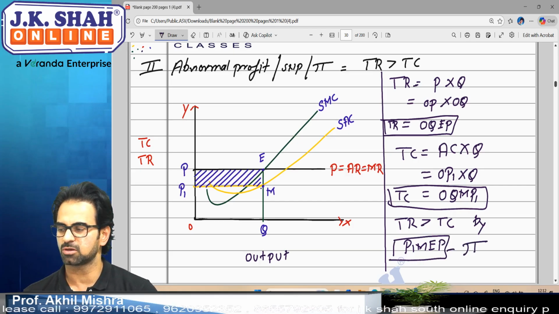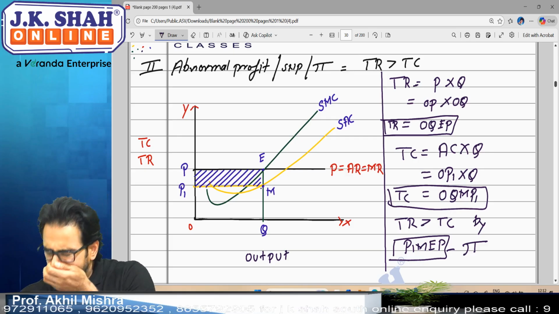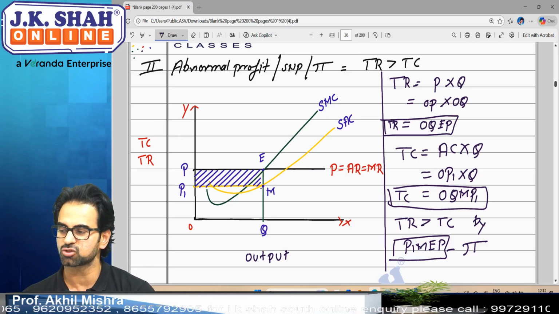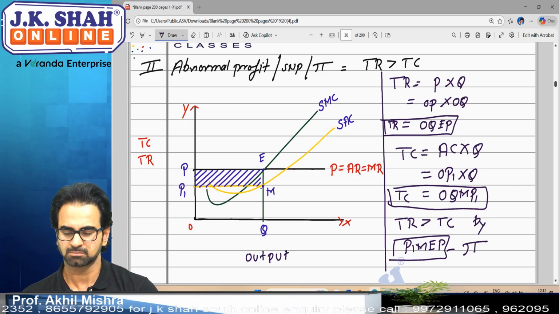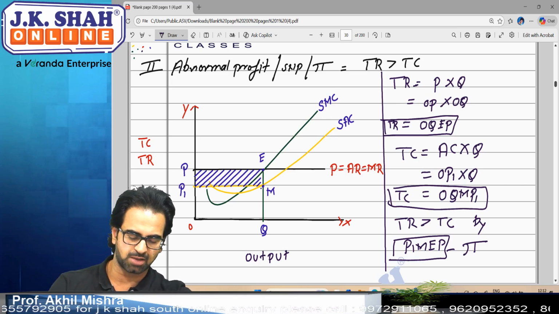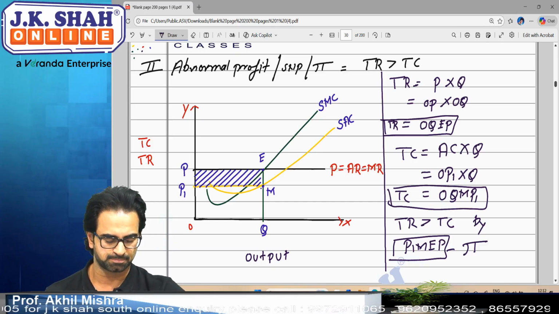SMC means short run marginal cost, not super marginal cost, because it is short run marginal cost. You understand? Please copy this. This is for your abnormal profit or supernormal profit or excess profit.